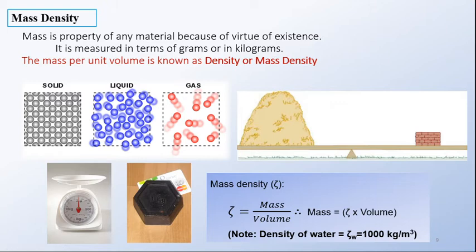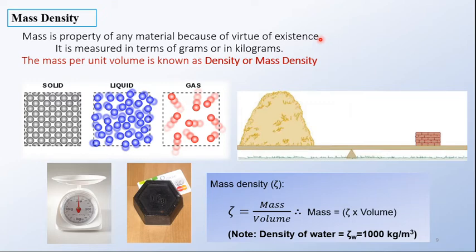So one of the basic properties of fluids is its mass density. We know that mass is the property of any material by virtue of existence. Any material will possess what is known as mass.